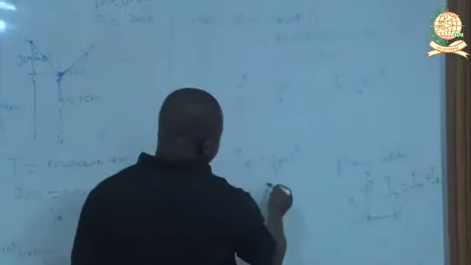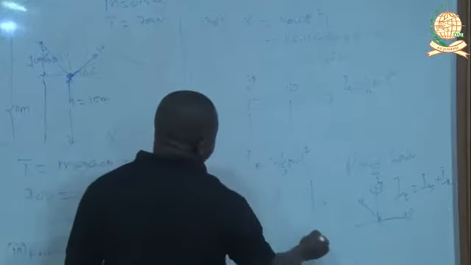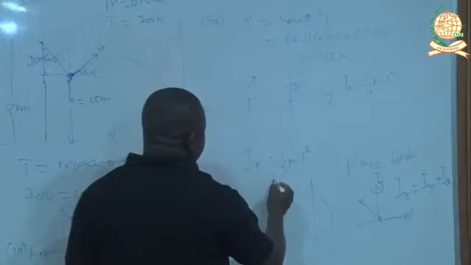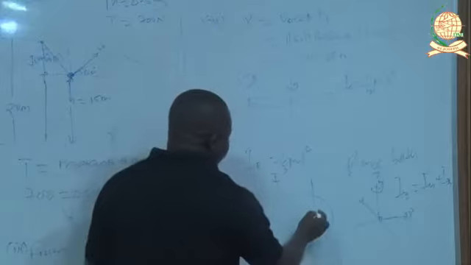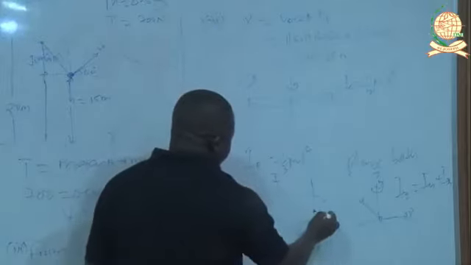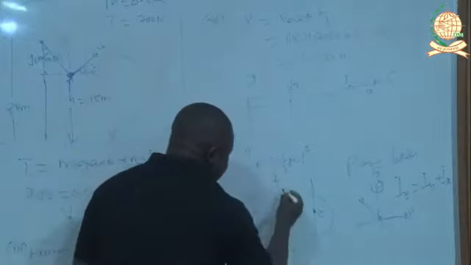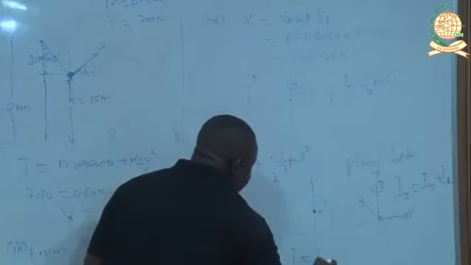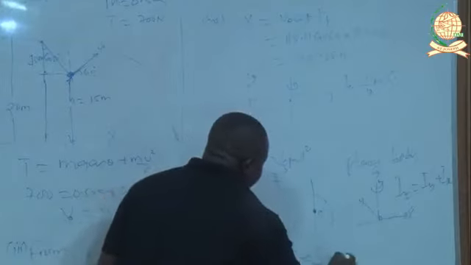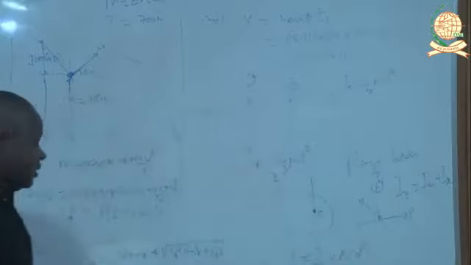It says that if you have the moment of inertia of the body about an axis parallel to the axis passing through the center of mass of the body, then the moment of inertia of this body about this axis will be equal to the moment of inertia of the same body about the center plus the product of mass and the perpendicular distance between the two axes.